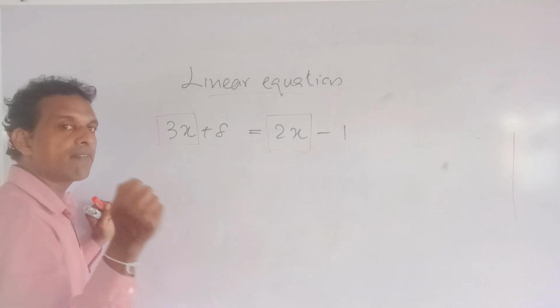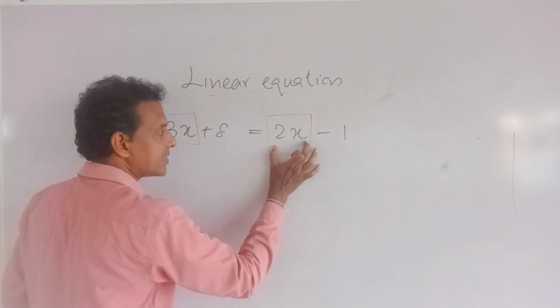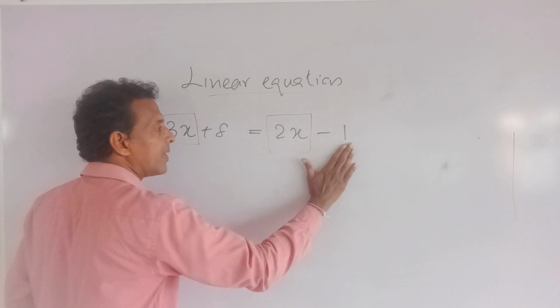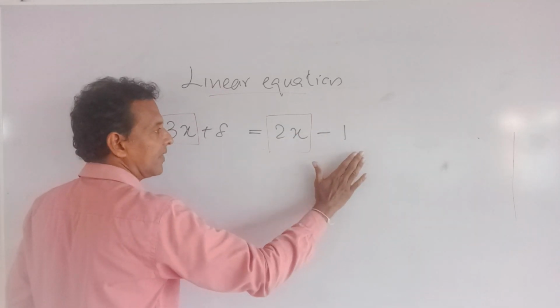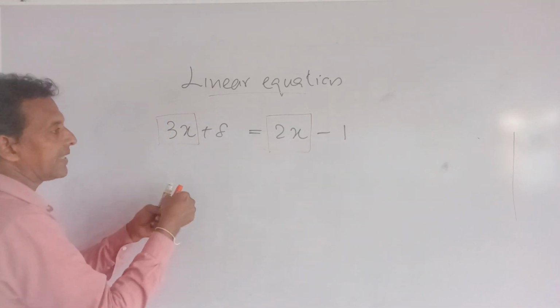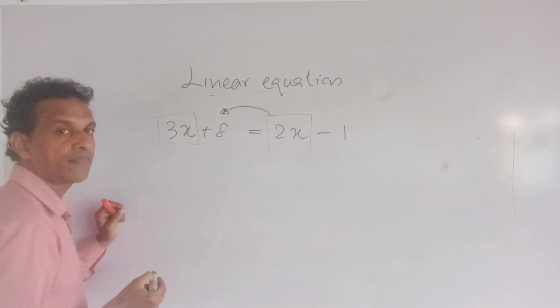We will start with the variable. Here we have 3x, here we have 2x. You can see between the variable and the number there is a subtraction, so we have minus 1 plus 2x. So take this 2x term to this side.